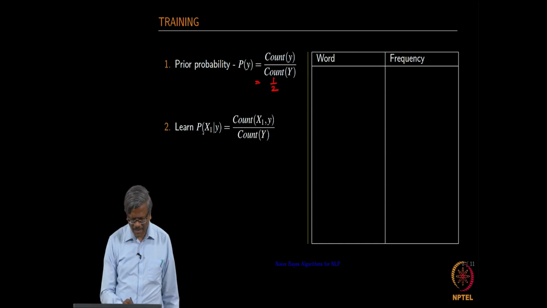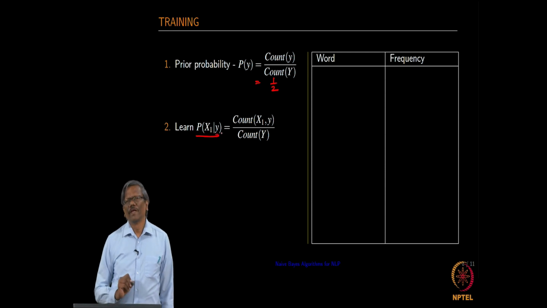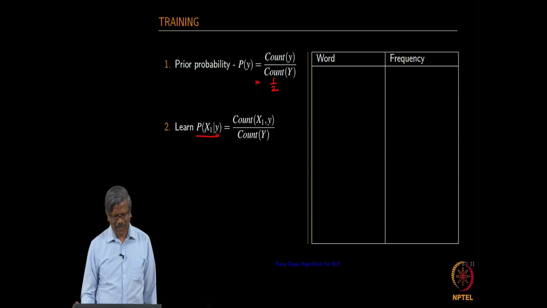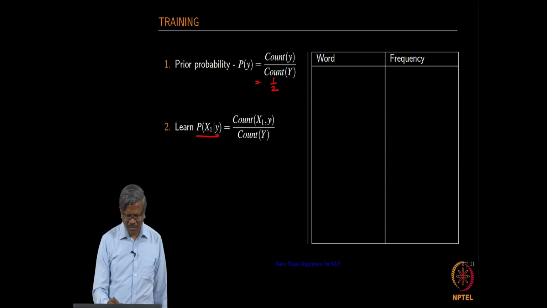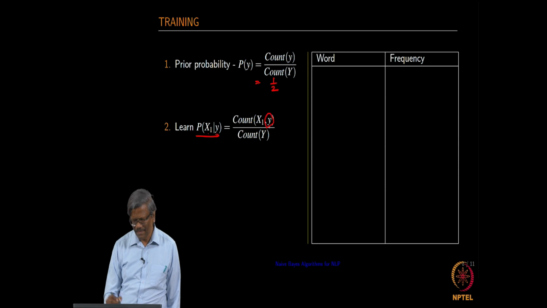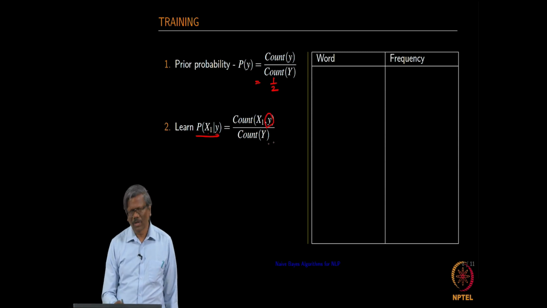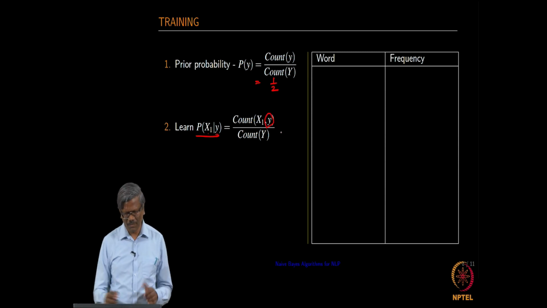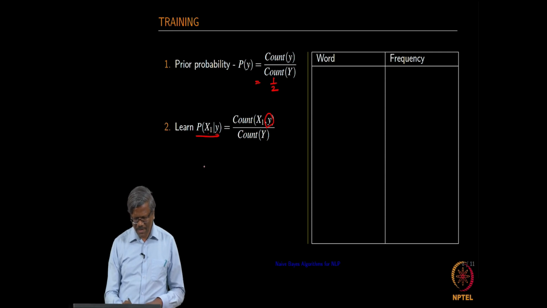So, we need to learn the parameters given the class, for every word, find the probability. Okay. So, it is nothing but the count of x1 in that class and then the total number of words in the entire corpus. So, what you do here is there are two sets here, right.